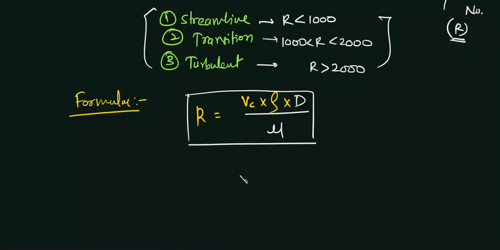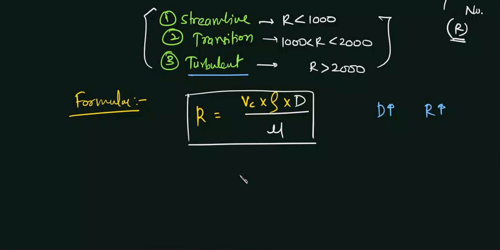See, if the diameter is higher, the Reynolds number will be higher, and it is more susceptible to turbulent flow.